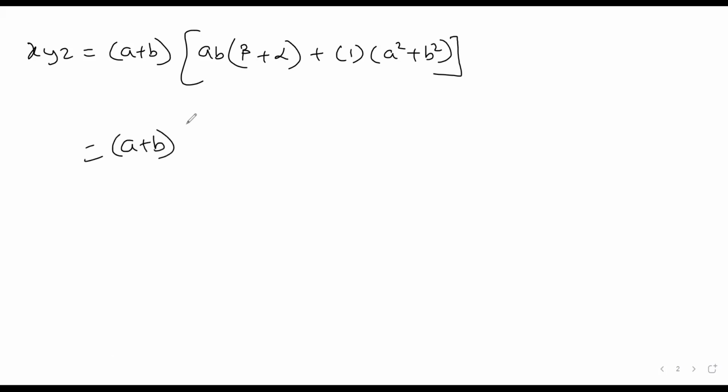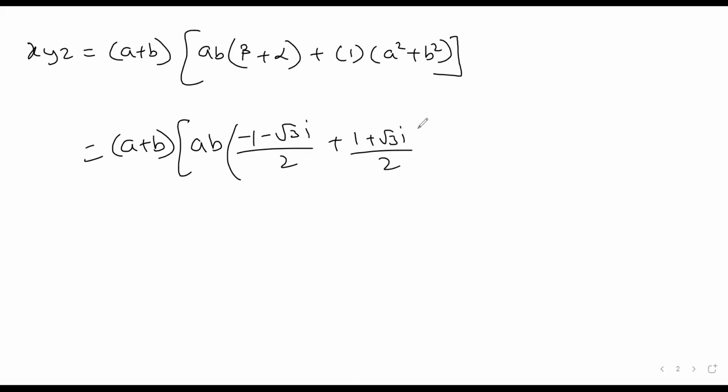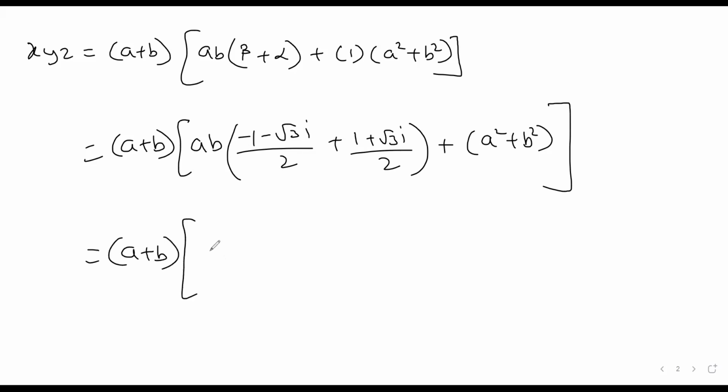It is a plus b, ab times alpha plus beta, where alpha plus beta is (-1 minus root 3i upon 2) plus (-1 plus root 3i upon 2), plus a square plus b square.